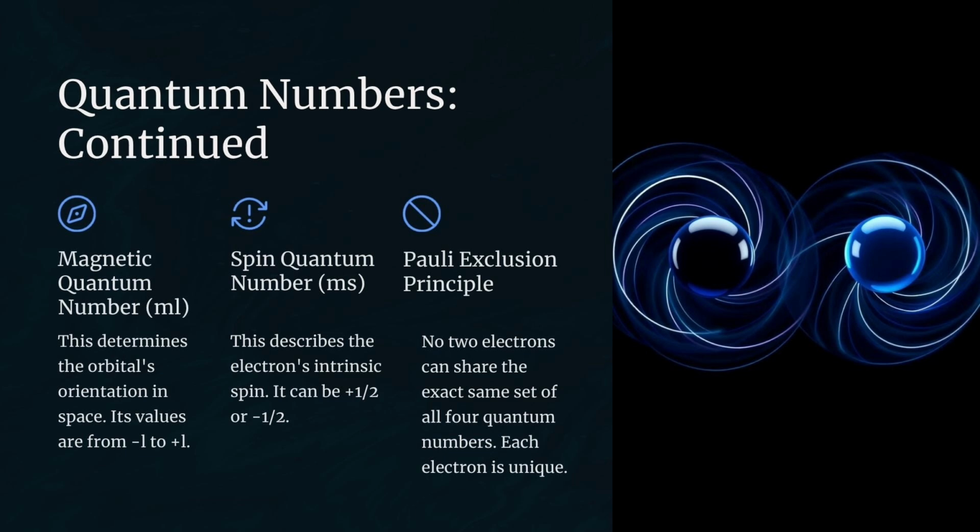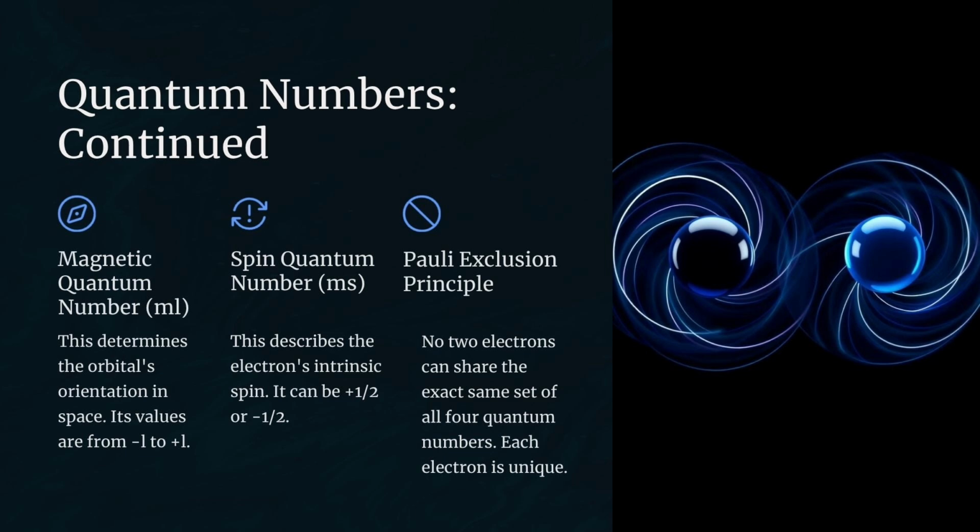This principle states that no two electrons in an atom can simultaneously have the same set of four quantum numbers: n, l, m_l, and m_s. In simpler terms, each electron in an atom must have a unique quantum state. This principle is fundamental to understanding atomic structure and the arrangement of electrons in atoms.